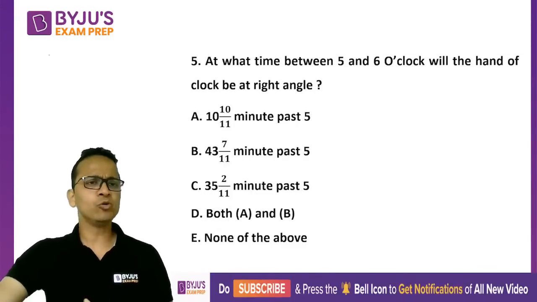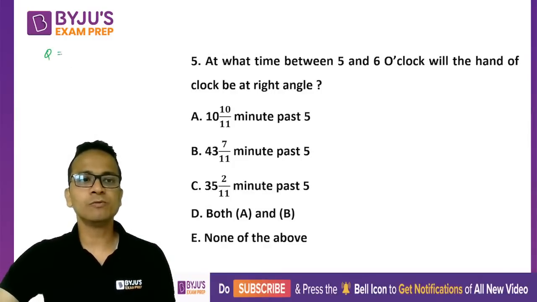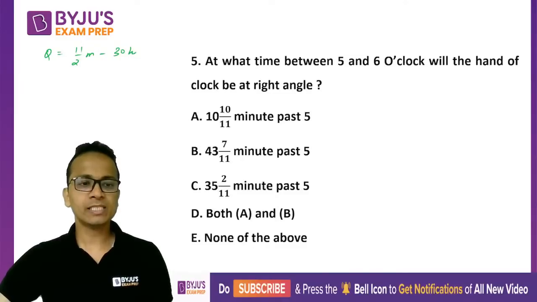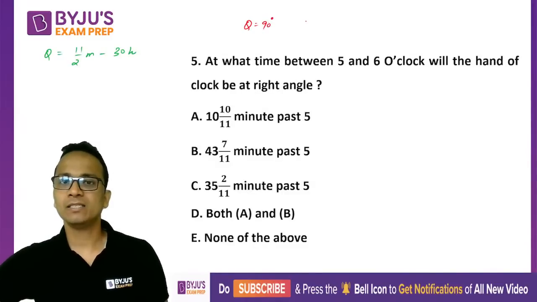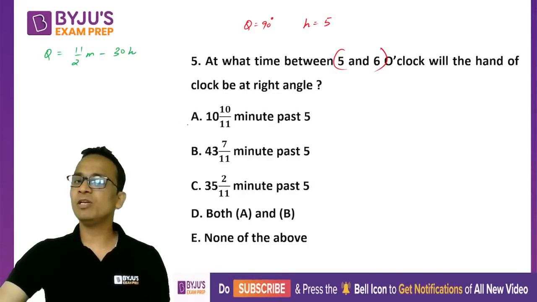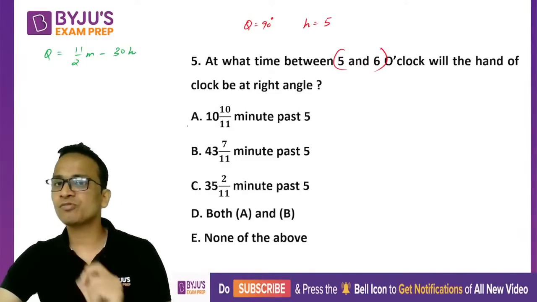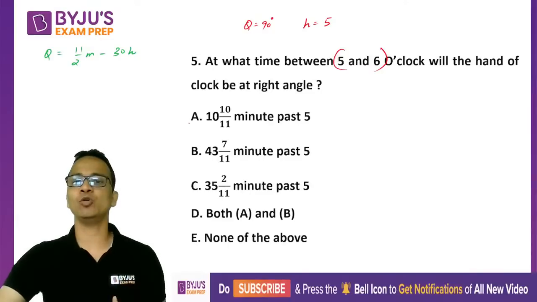And for that, I'll be using both the formulas. So the first formula, theta is equal to 11 by 2 m minus 30h. Now in this case, the angle will be 90 degrees and the value of h will be equal to 5. Since the time is between 5 and 6 o'clock, the time will be some minutes past 5 o'clock. So the value of h will be 5 and we'll have to determine the value of m.